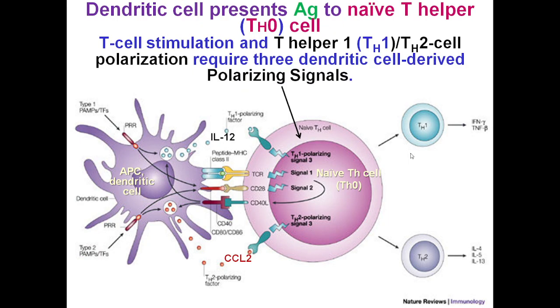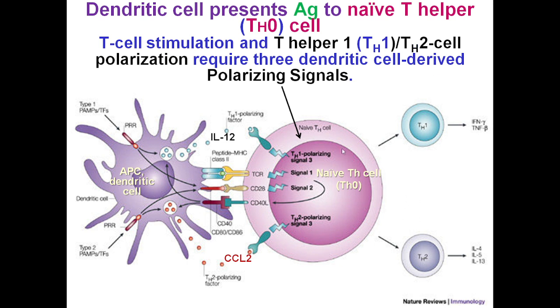Dendritic cells present antigens, shown here in green, to naive T helper cells that finally stimulate T cells and polarization. T helper type 1, T helper type 2 polarization.